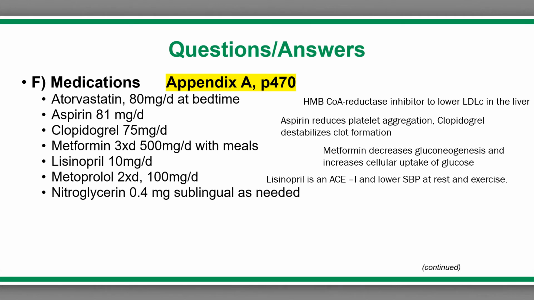Lisinopril is an ACE inhibitor, and if we look at what that says on page 471, its focus is to decrease systolic blood pressure at rest and exercise. And if you look way over to the right, exercise capacity, it can increase tolerance if an individual has heart failure. So that's one thing that we can keep in mind.